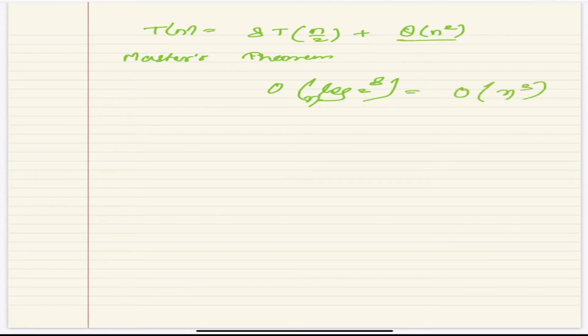And I have to make sure that f(n) is smaller than that. This is order n to the power 3 minus epsilon. Yes, true. Fine. So then I can write T(n) as theta n cube. Well, same situation. So I divided, but got the same complexity as the naive algorithm.